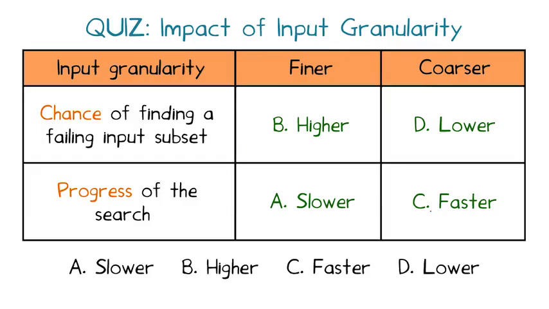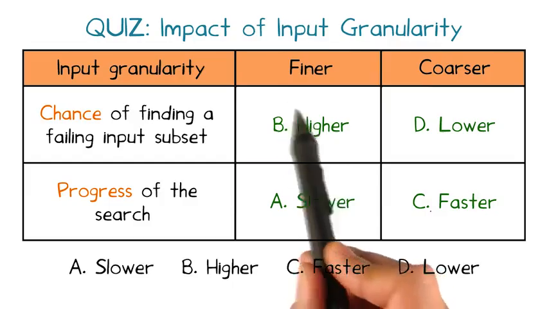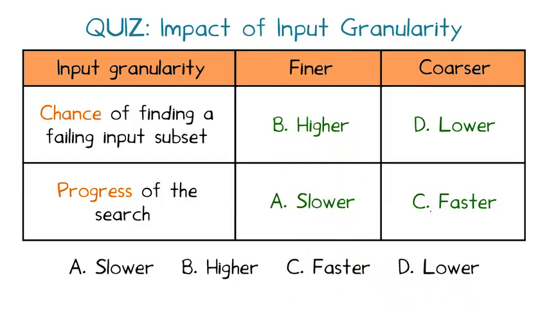On the other hand, by testing subsets made up of smaller changes, that is, using finer granularity, we have more subsets that we have to test. And upon finding a subset of changes which causes failure, we typically can only remove small portions of the input. These both slow our progress towards finding a minimal failing test case.